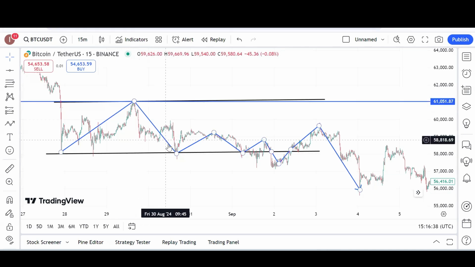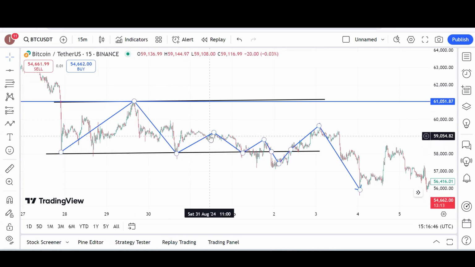It again turns into the support level at this point, the price bounces from this point again, and goes to 59,290, but again hits that point.